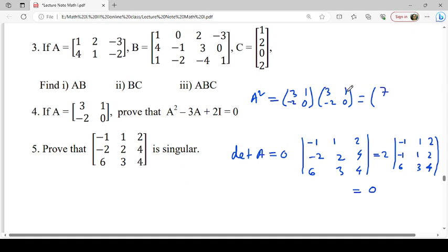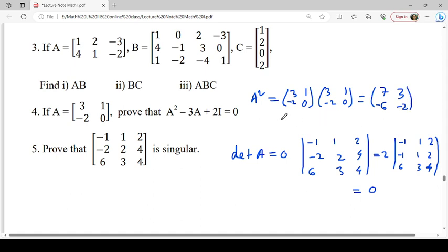Then 3. Then -2 into 3 is -6. Then -2. This is A square.